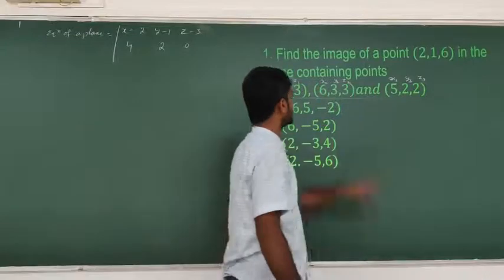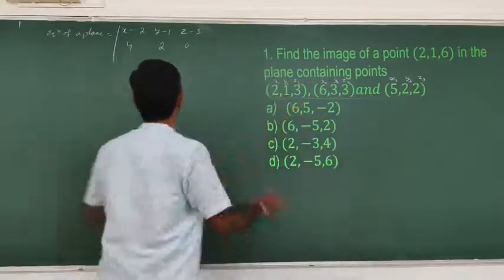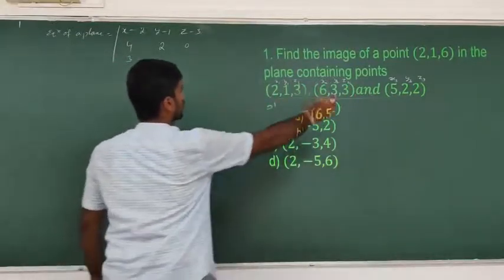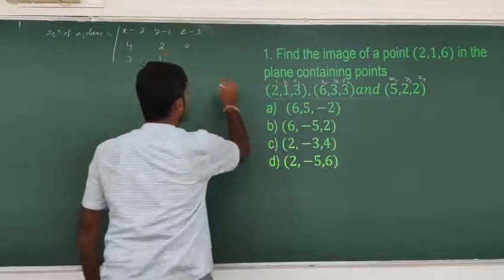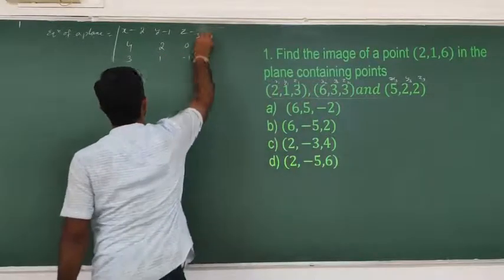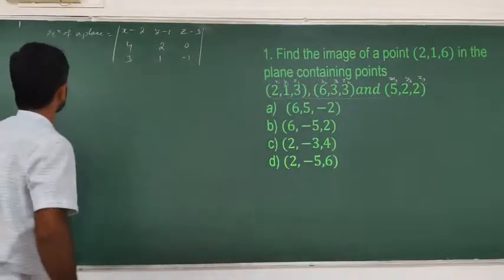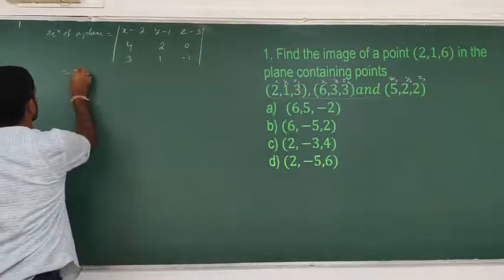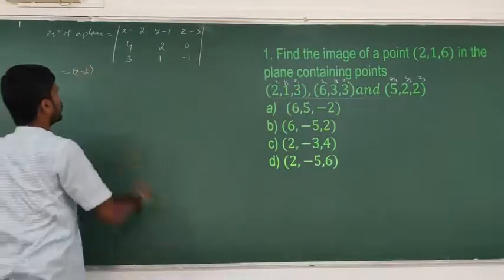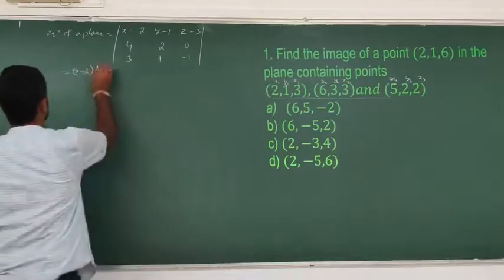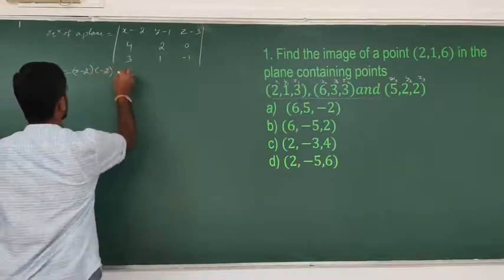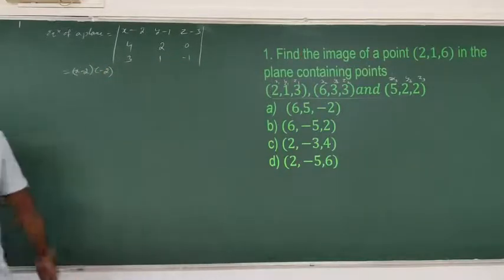Next, x3 minus x1, 5 minus 2, 3, 2 minus 1, 1, 2 minus 3, minus 1. Now expand this: x minus 2 into minus 1 is minus 2, minus 0, anything into 0 is 0.